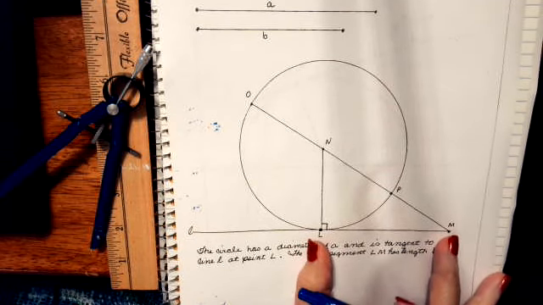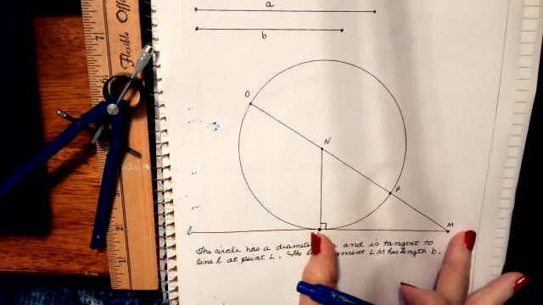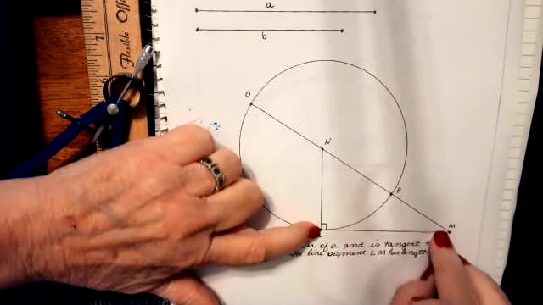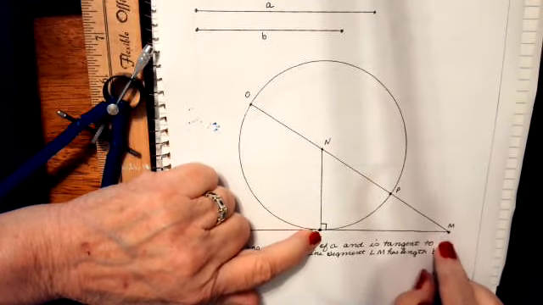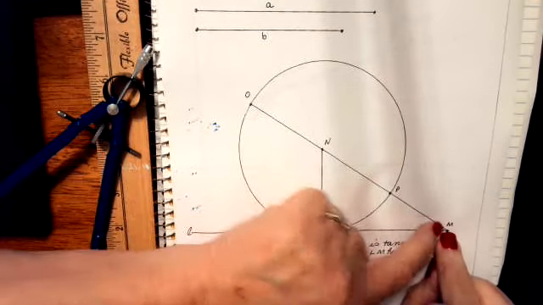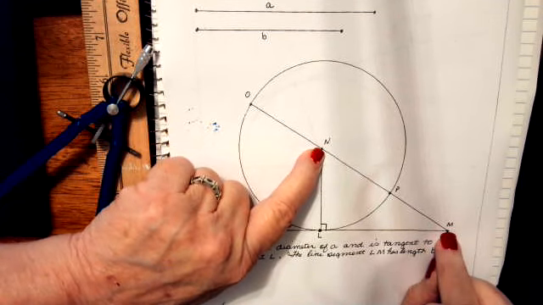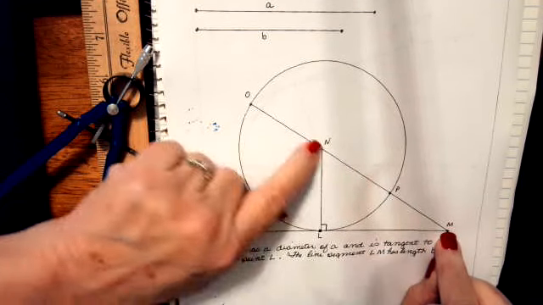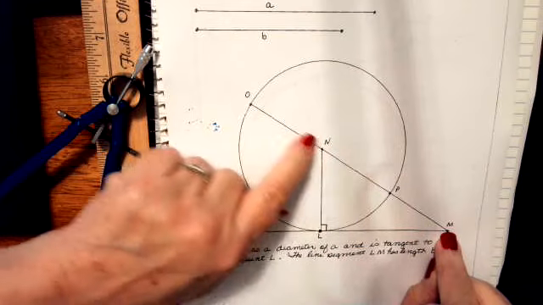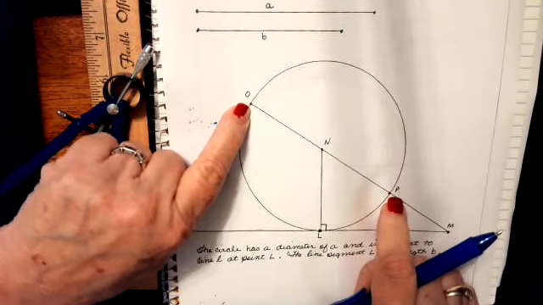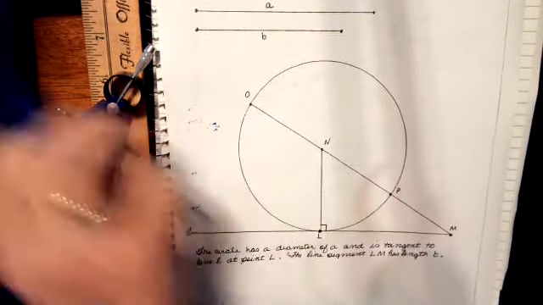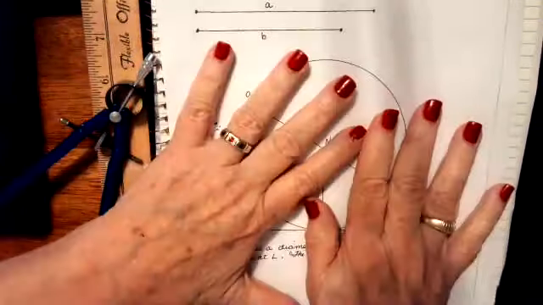Okay. Now what I'm going to do is draw the line. This line gets drawn last. I'm going to draw the line from M through the center of the circle. Draw that line, and it's going to intersect that circle in 2 points, O and P. Remember the order of my construction.